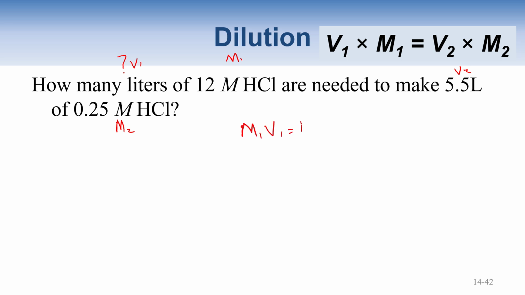So when we put this information into the equation, M1 V1 equals M2 V2. Our M1 is 12. We don't know what V1 is. We're going to set that equal to our M2 of 0.25 and 5.5.